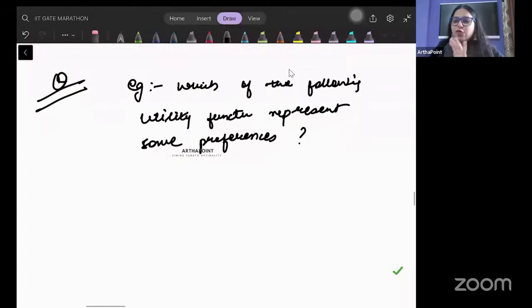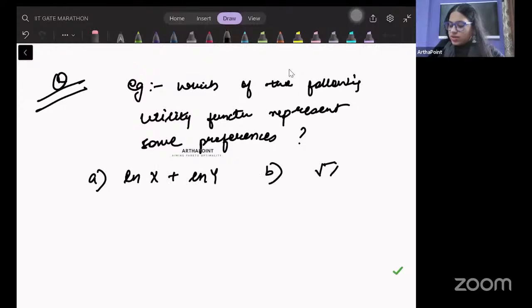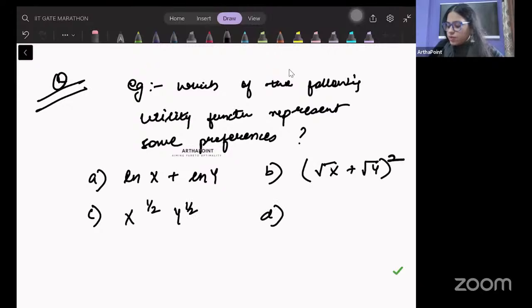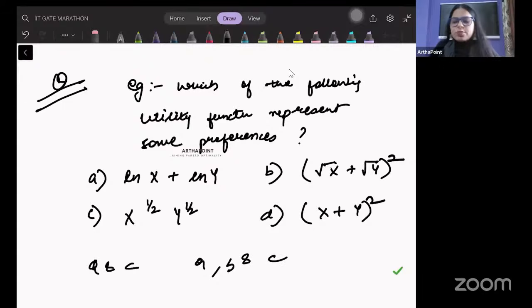And they give you 4 options. A, ऐसा कुछ दे देते हैं, ln x plus ln y, B, root x plus root y whole square, C, x to the power half, y to the power half, D, x plus y whole square. ऐसा कुछ, then they say that a and c, a, b and c, ऐसे करके they will give you options.